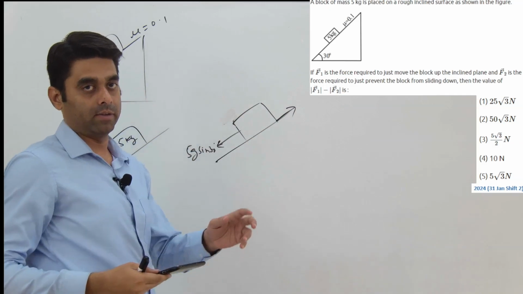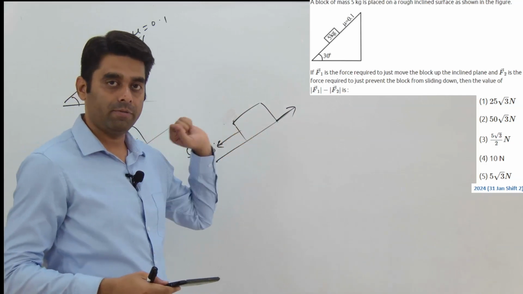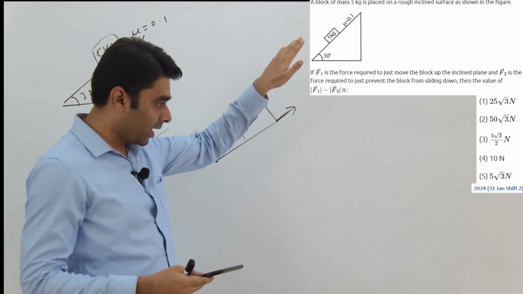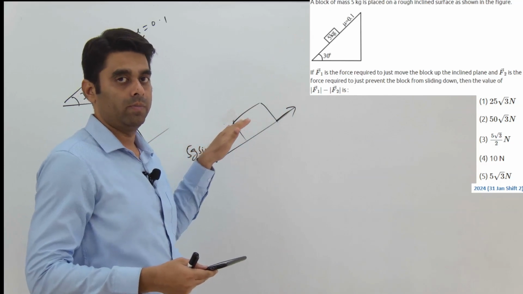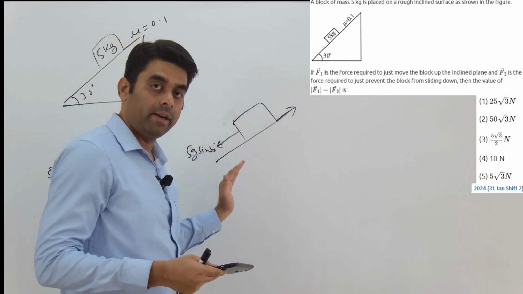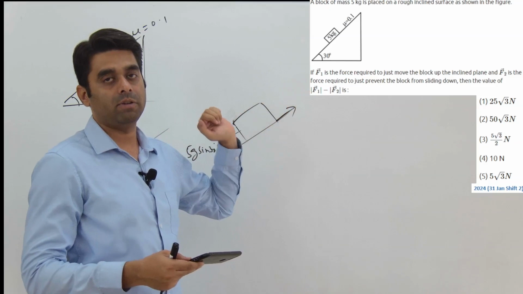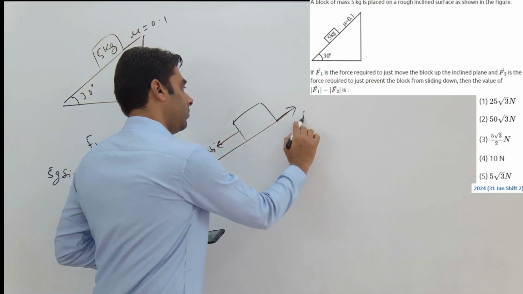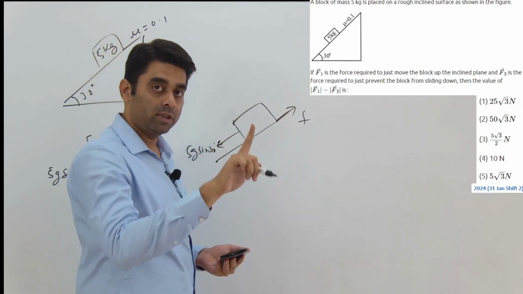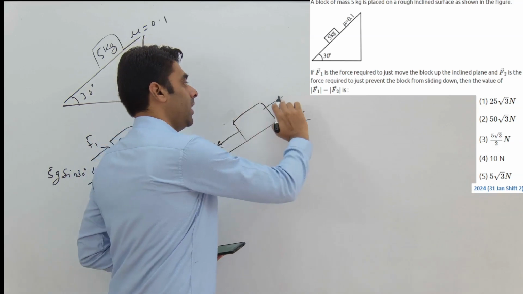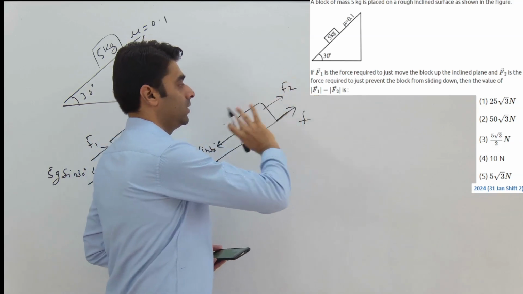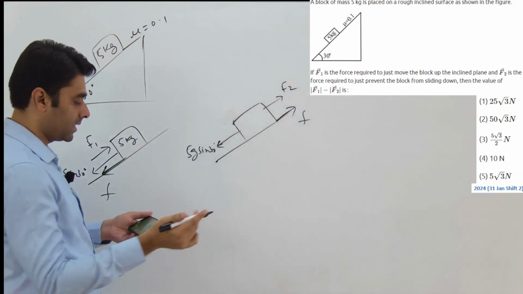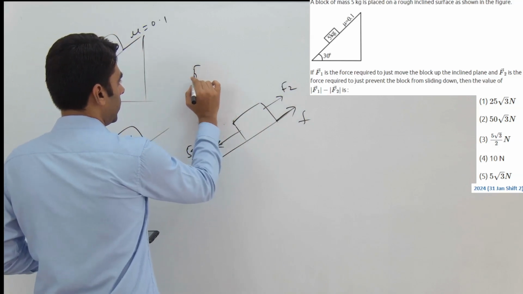Please understand this, this is the difference between the first and second. When the block has a tendency to slide down, the static friction direction will be upward, and it is not sufficient. So F2 is required. This is the situation given.